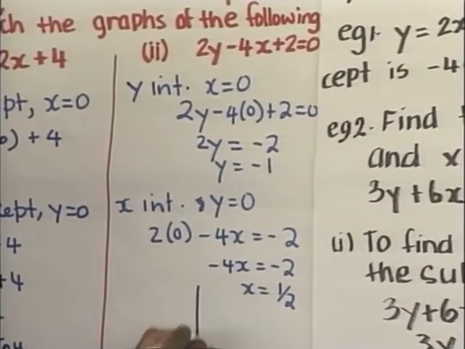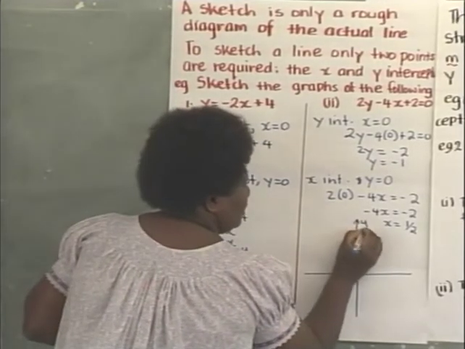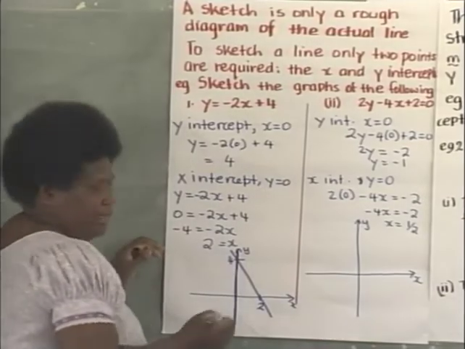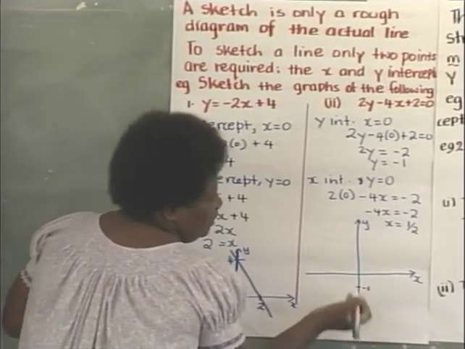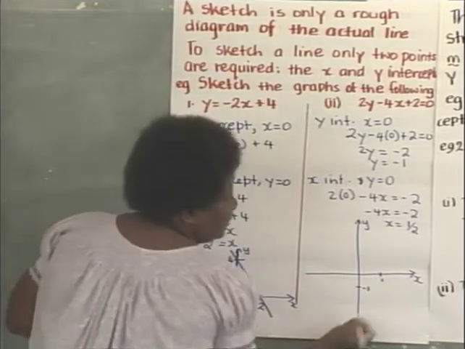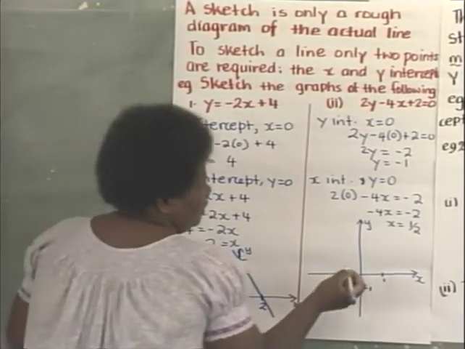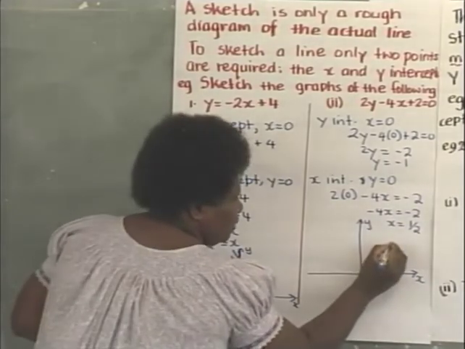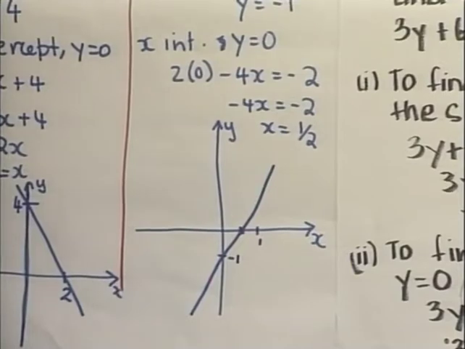So to sketch, the y-intercept is negative 1, so it's somewhere here. The x-intercept is positive a half, so it's there. To sketch, you just join those 2 points.